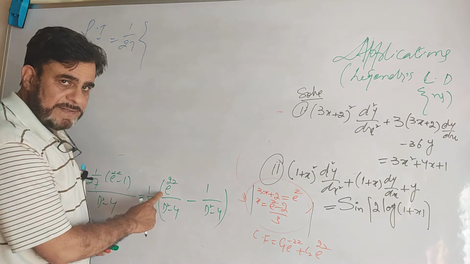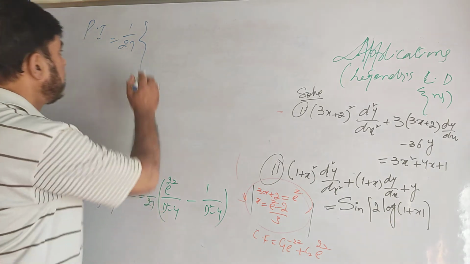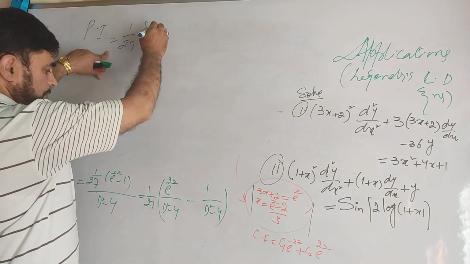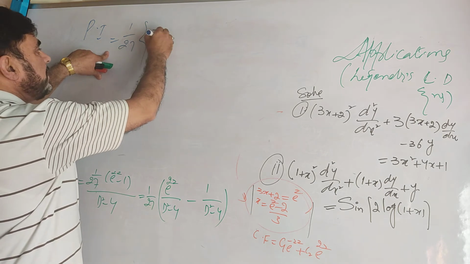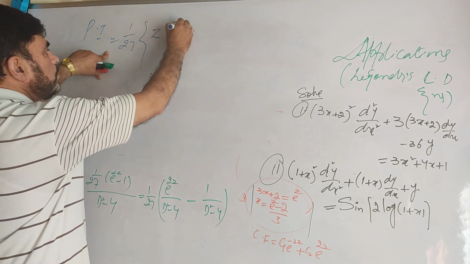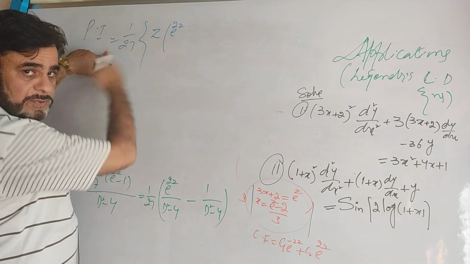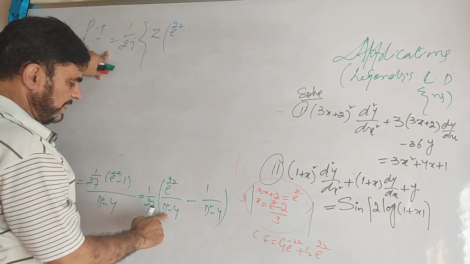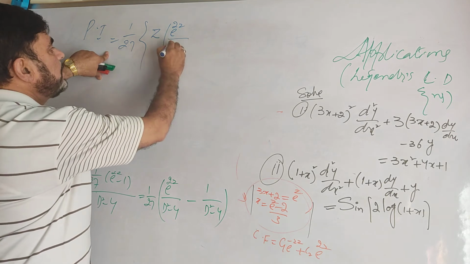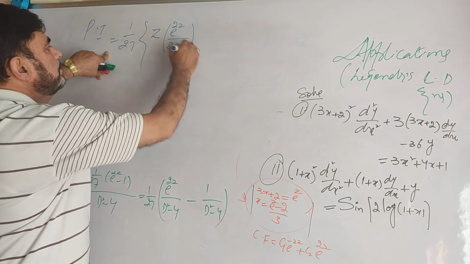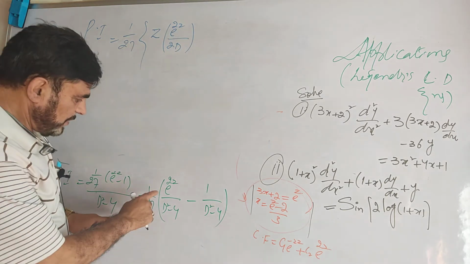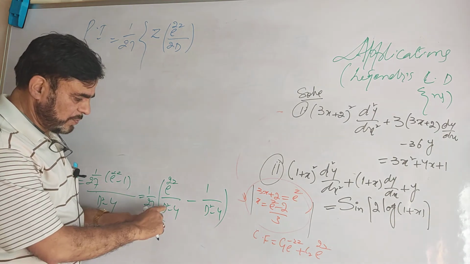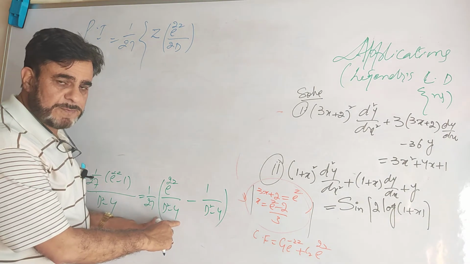What is that? Z. You write z times e raised power 2z, then the derivative of the denominator, 2D. Do you remember? Because when we put D here, this 2 square becomes 4, and 4 minus 4 is 0.